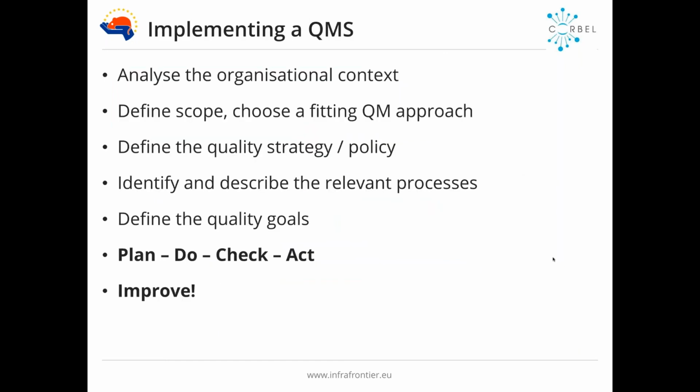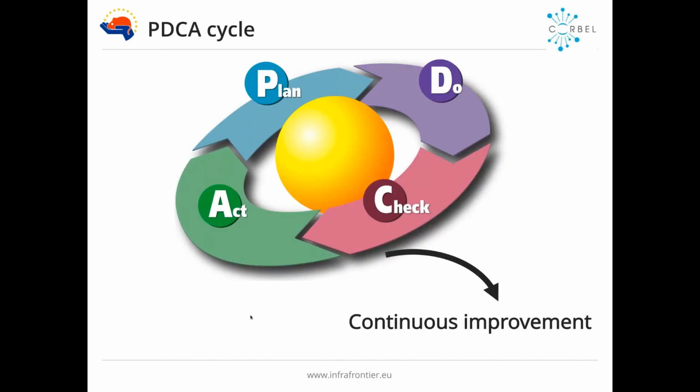So I've gone through these aspects of implementing a quality management system, and then once you have this in place, you can start the so-called PDCA cycle: plan, do, check, act, which would lead then to a continuous improvement of your system. At INFRAFRONTIER, for the implementation, we are still currently in this stage of planning and setting up the entire system.